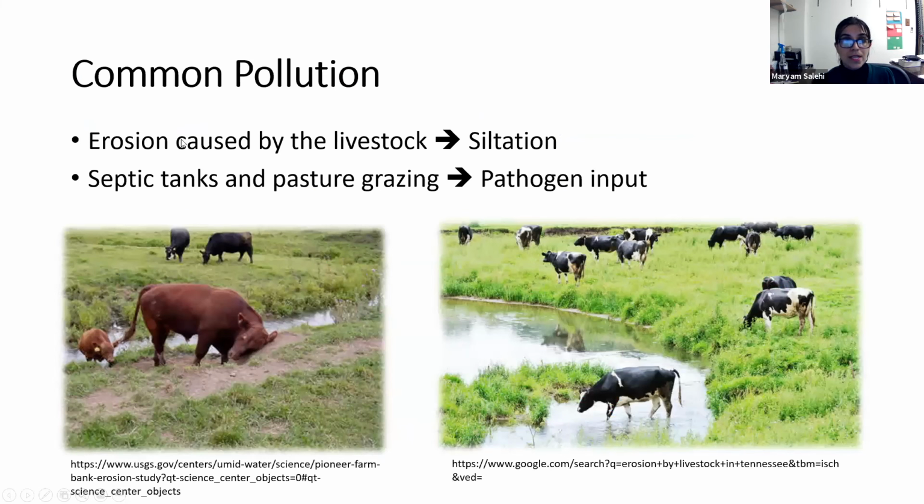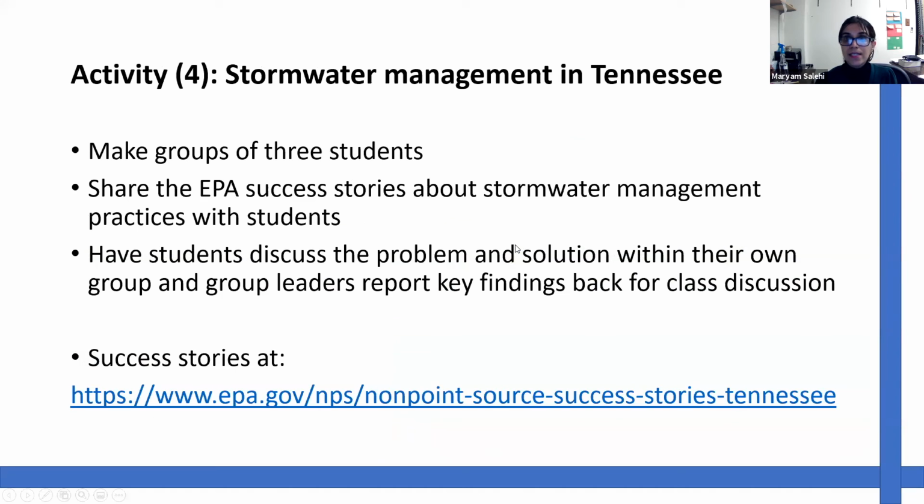Common pollutants are the erosion caused by livestock, which removes the vegetation, and then we have siltation and erosion of the sediments. The other problem is pathogen input into the water stream that could be due to grazing and malfunctioning septic tanks. So these two are the major problems in Tennessee.